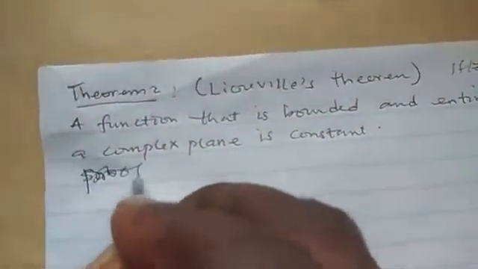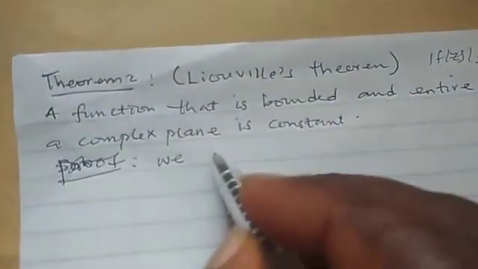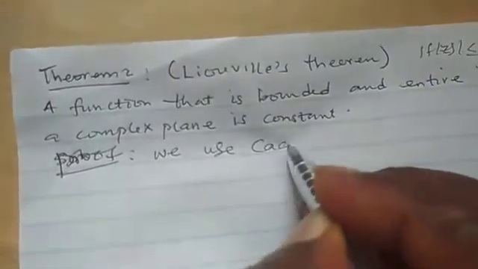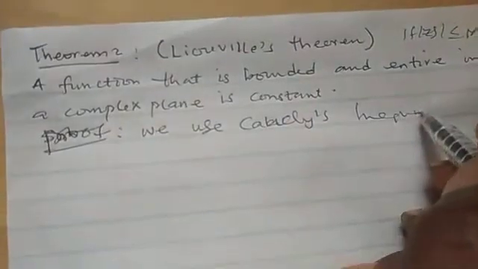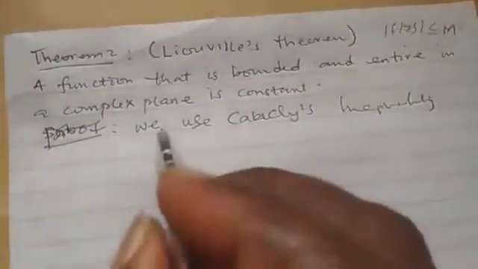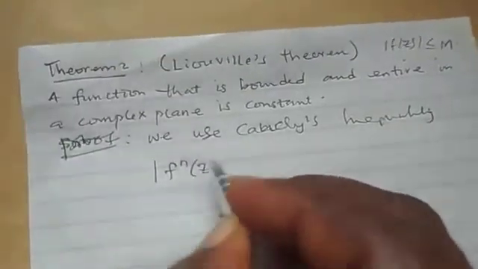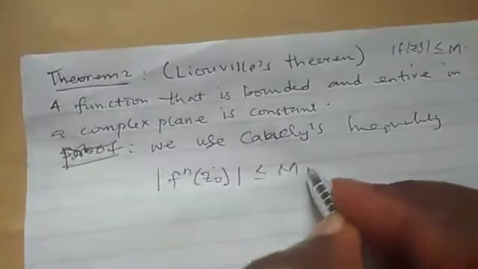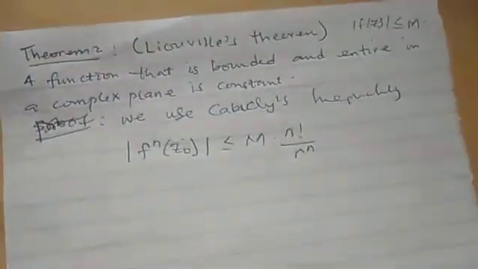Let's prove the theorem. We use theorem one, which is Cauchy's inequality, the one we just proved. We have just shown that |f^(n)(z₀)| is less than or equal to M n! over r^n.